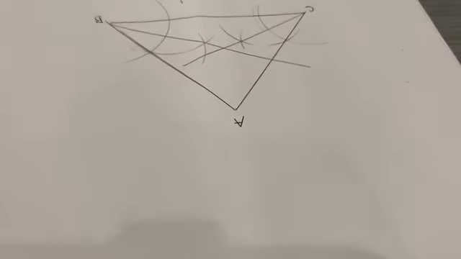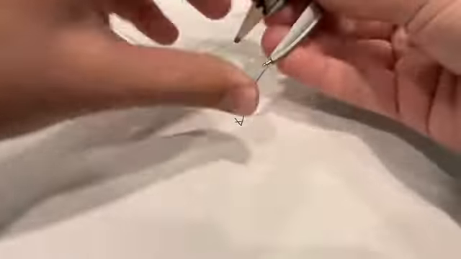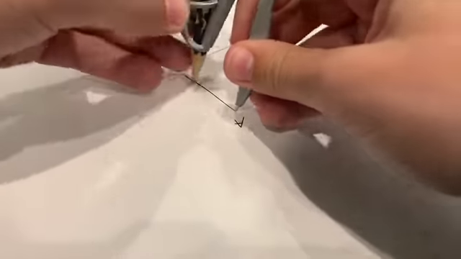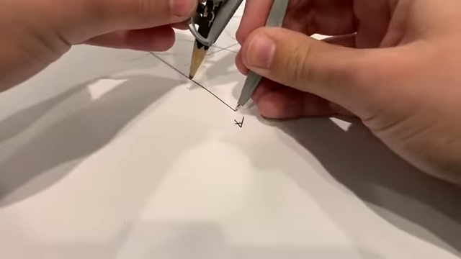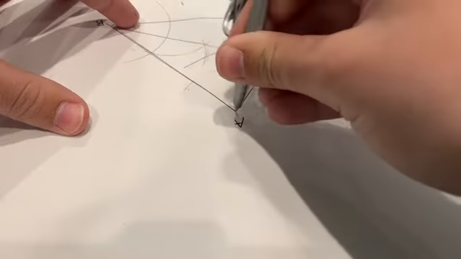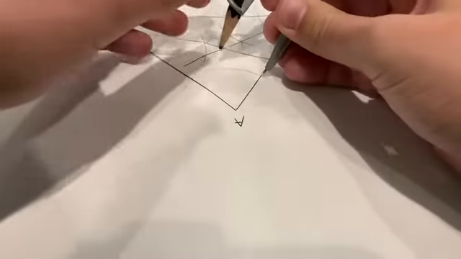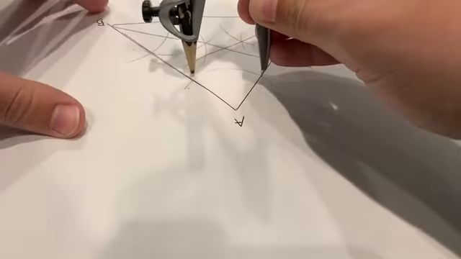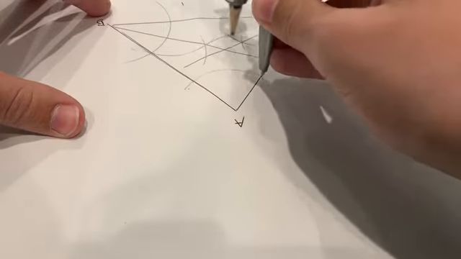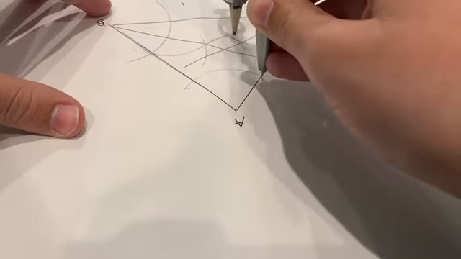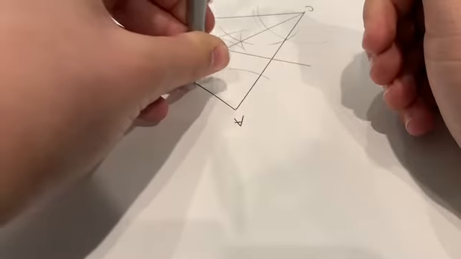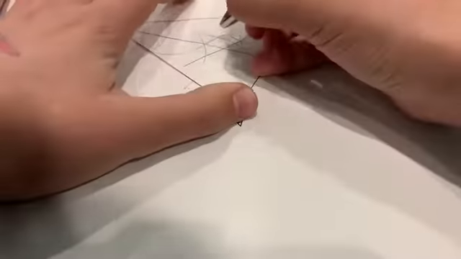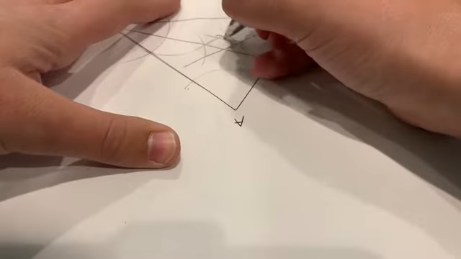And our last angle is angle A on the vertex, making an arc, measuring the distance, and using the same distance to make an X on both the top and bottom rays. I know it's kind of hard to see, but this is the X that we just made here.